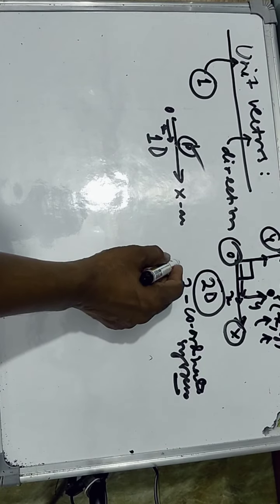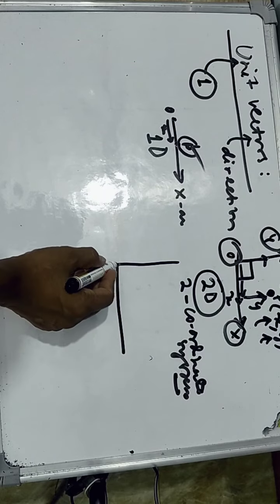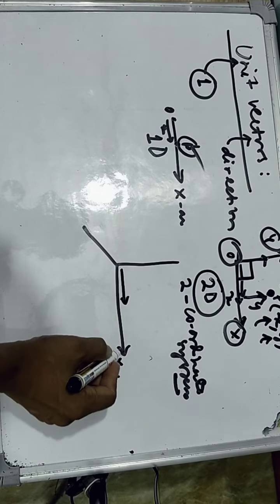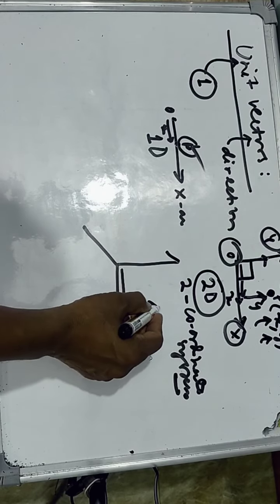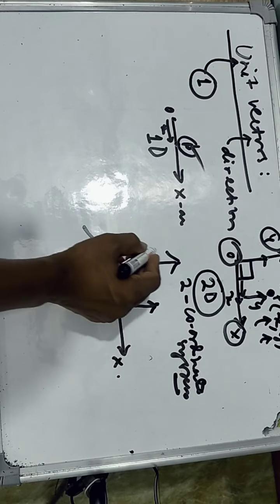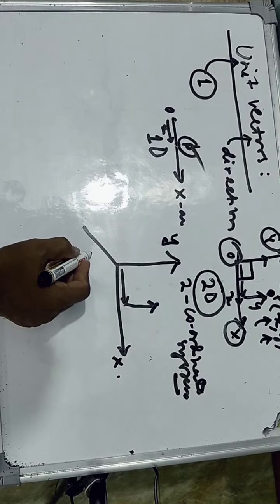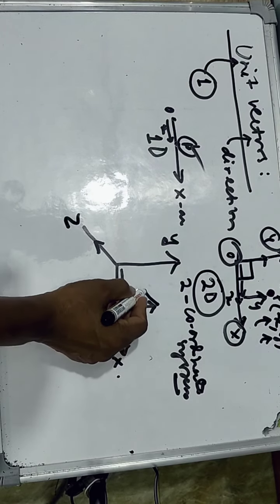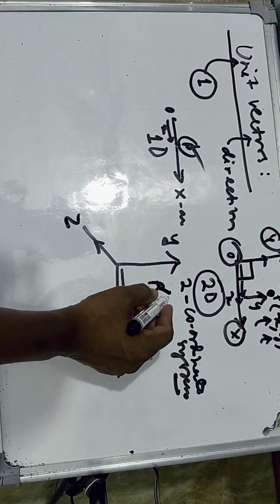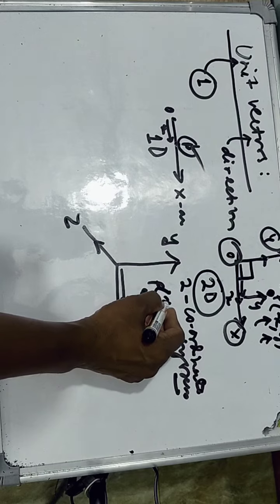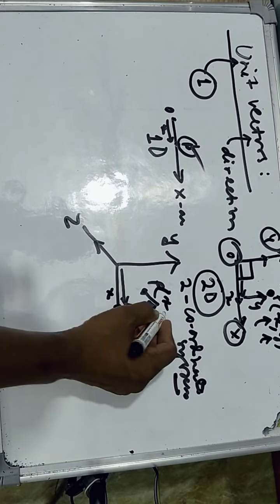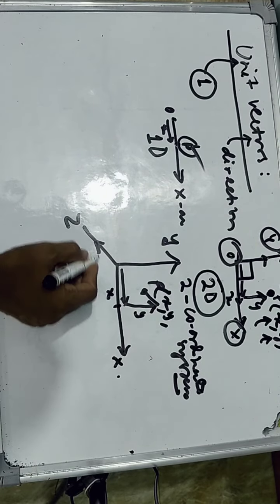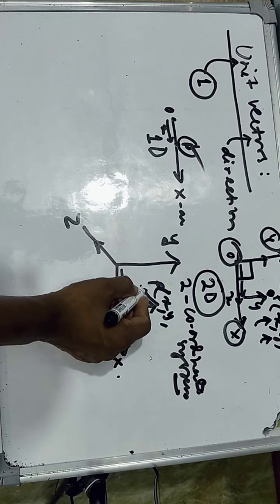In space, if any object is moving, it will cover some distance in its x-axis. Again, it will move a certain distance in y-axis, and again in z-axis. Then point P will have x coordinate if it has crossed x, y coordinate if it has crossed some length of y, and z if it has crossed z.